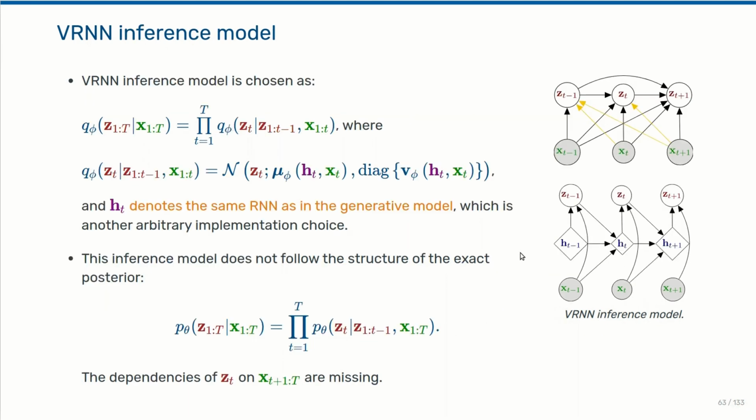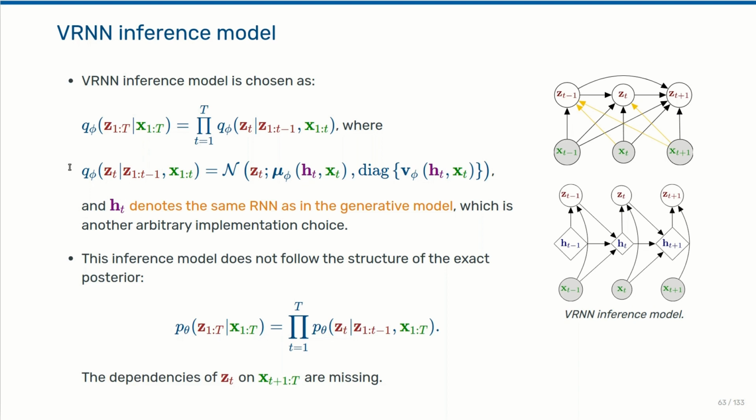When it comes to the inference model, the posterior distribution of the latent code in the original paper is approximated by a sequence of posterior distributions in which each posterior distribution of ZT depends on the previous Z's and the current and previous X. So this is what is shown in the first diagram with the black arrows.